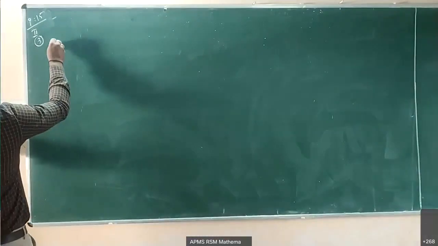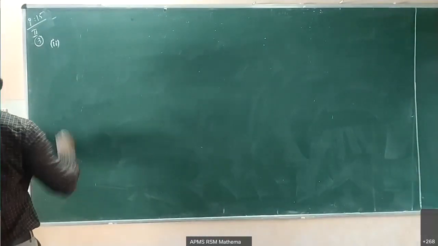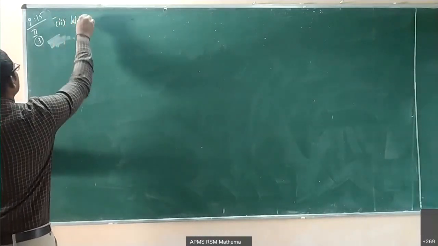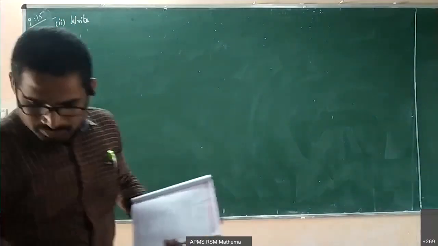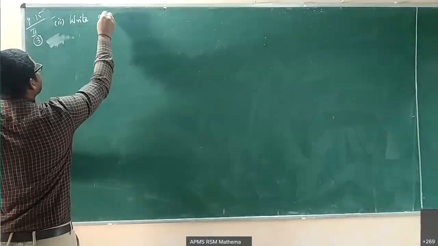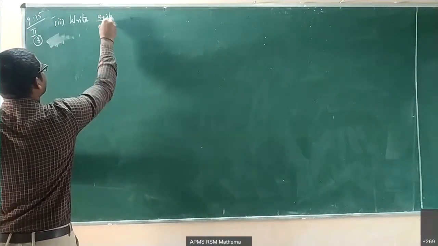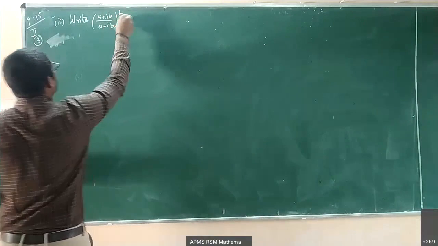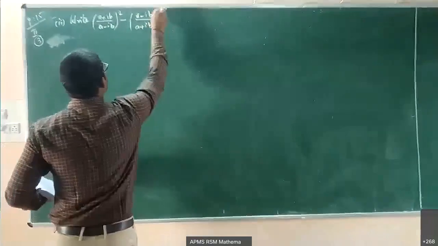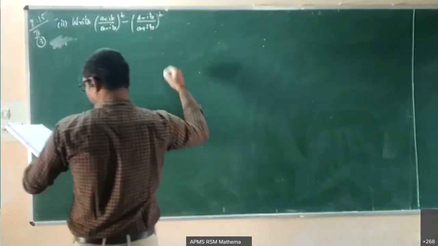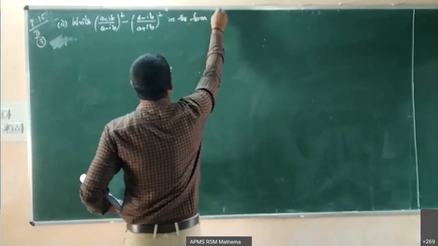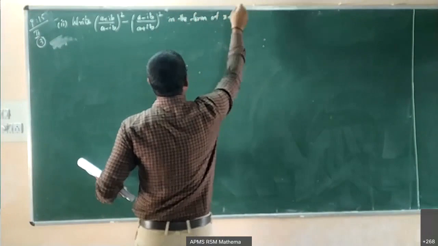So second problem is homework. A plus ib by a minus ib whole square minus a minus ib by a plus ib whole square in the form of x plus iy.